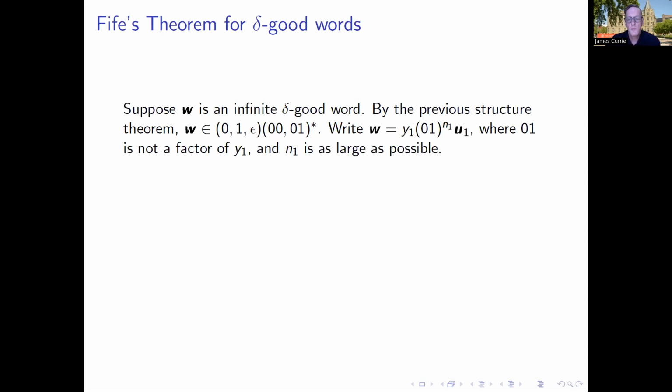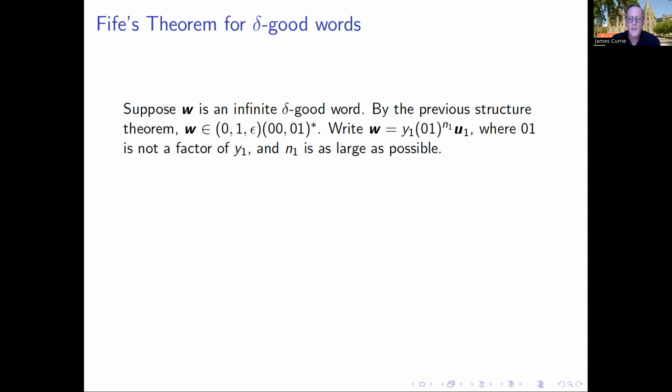So let's write W as a prefix, and then (0, 1) to some power N1, and then U1, such that 0, 1 is not a factor of the prefix, and N1 is as large as possible. Of course, W cannot consist simply of zeros. It can't consist simply of 1s, because then we would have a 4th power, and X, X, X, X, that pattern is not encountered by a delta good word.